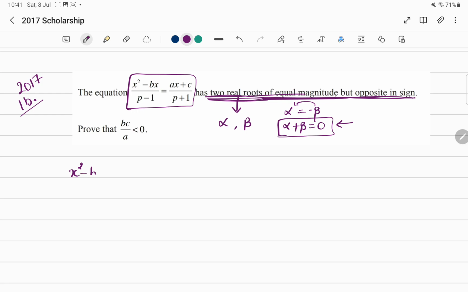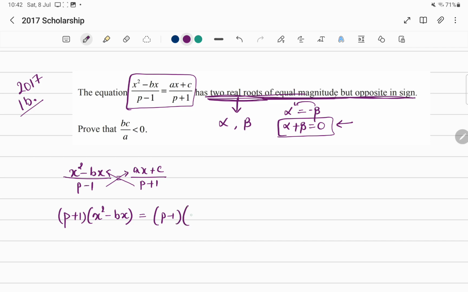It's (x squared minus bx) over (p minus 1) is equal to (ax plus c) over (p plus 1). All right, let's do cross multiplication. That will give us (p plus 1)(x squared minus bx) is equal to (p minus 1)(ax plus c).